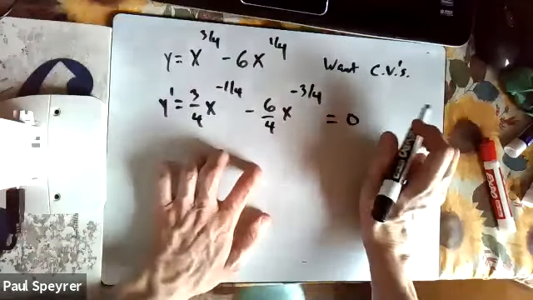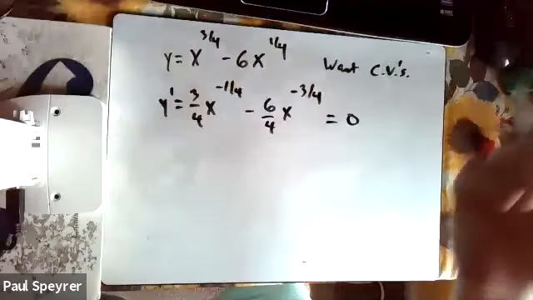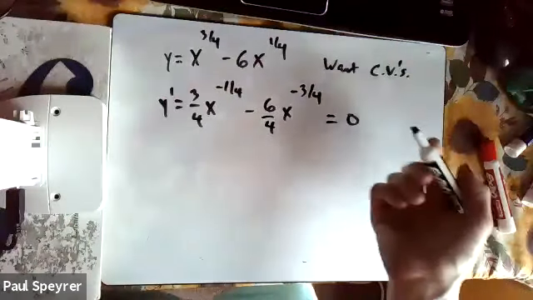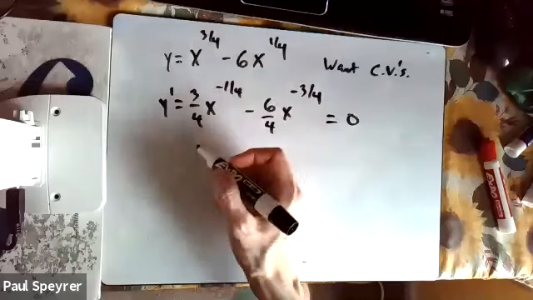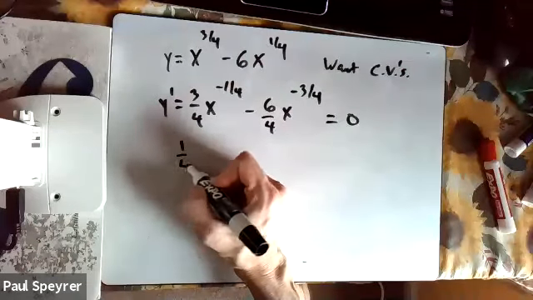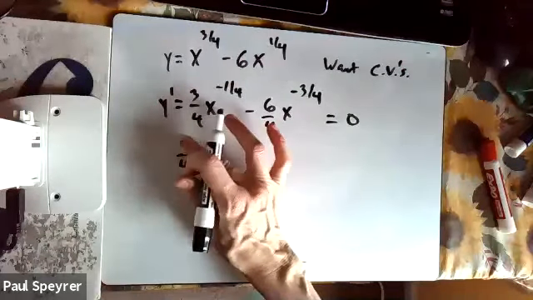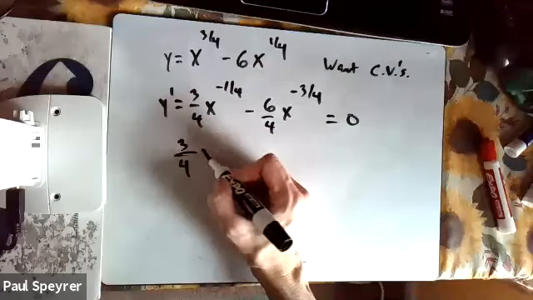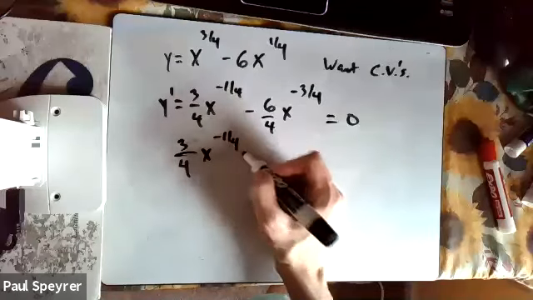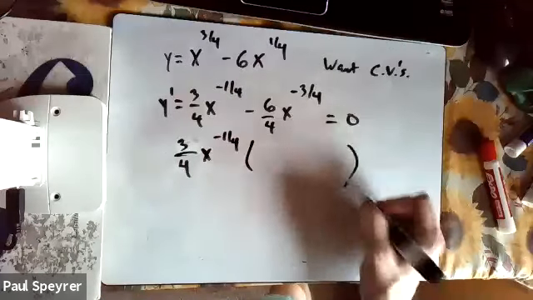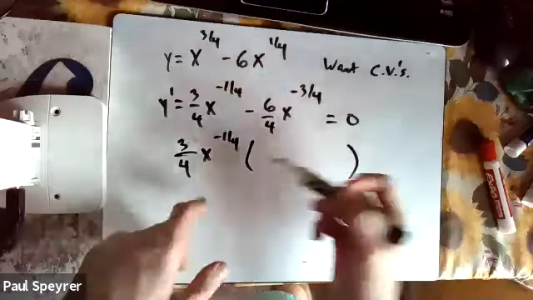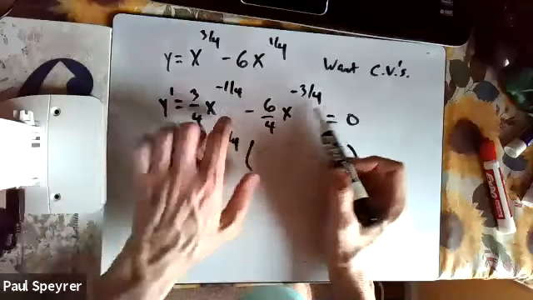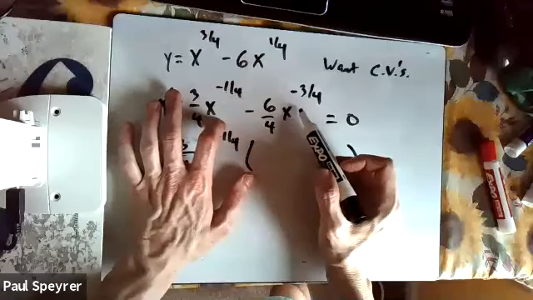If we solve this for x, what we want to try to do is factor it. It's not a trinomial, but there is a GCF. We can actually pull out a 3/4 x to the -1/4. I know it looks kind of crazy, but remember, as far as the exponents, it's the one with the lowest power.